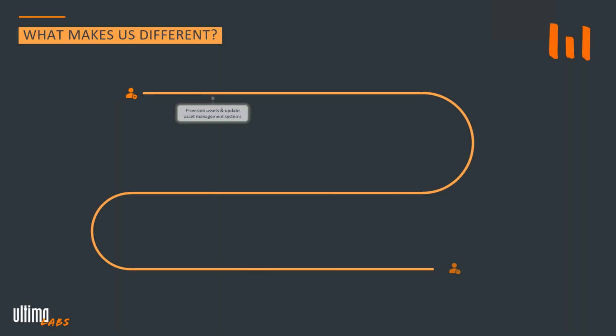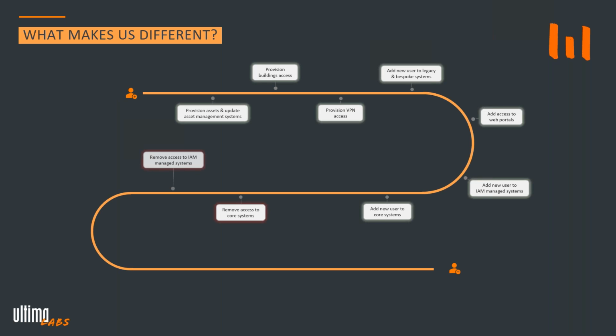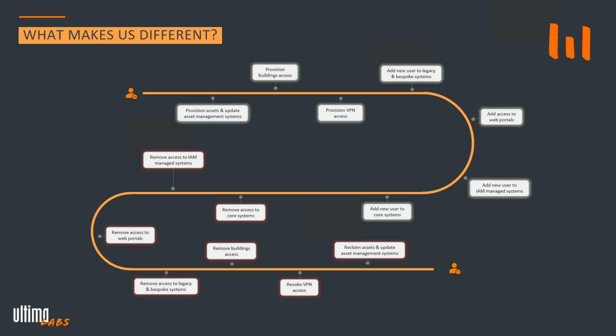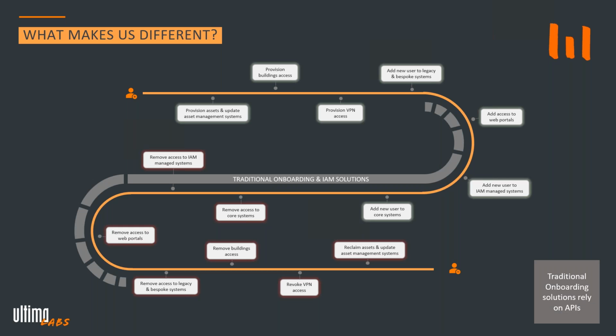What makes us stand out from, you might be thinking, oh, I can do this through identity access management systems, or I might already have one in-house. But essentially what we found sets us apart is that RPA functionality. Traditional onboarding and identity access management solutions typically rely on APIs.